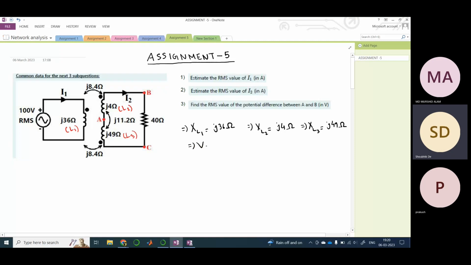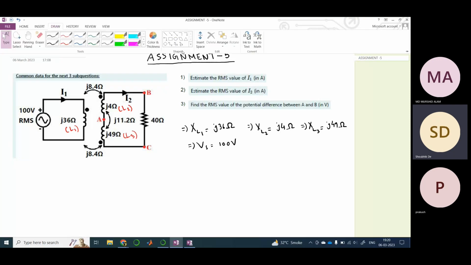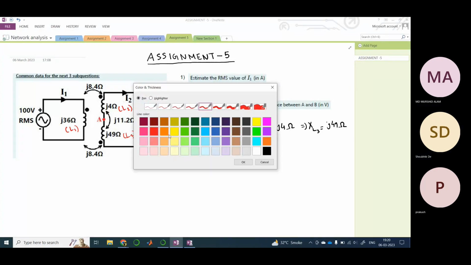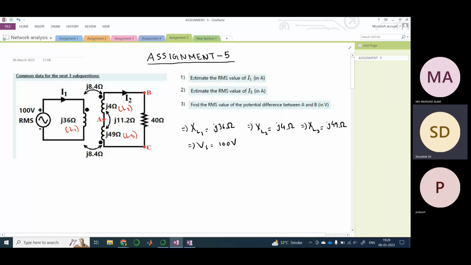What is Vs? It is 100 volts. I am not writing RMS because it's already specified. Now be careful about this. What is the mutual inductance between L1 and L2? It is j8.4.